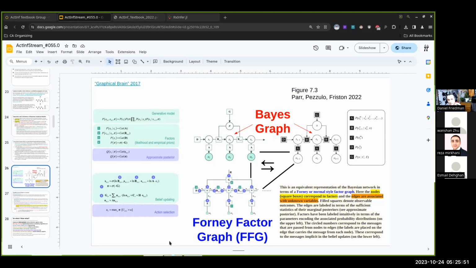The key advantage of the factor graph is that, as these numbers suggest, you can create node-local procedural logistics.